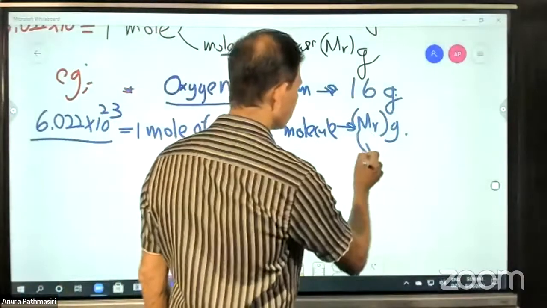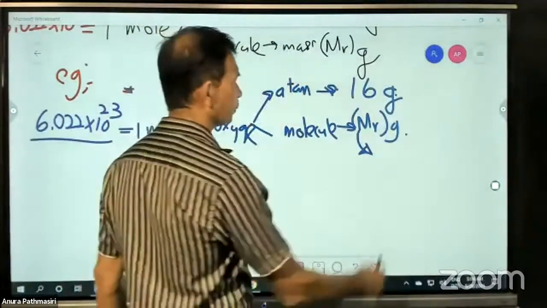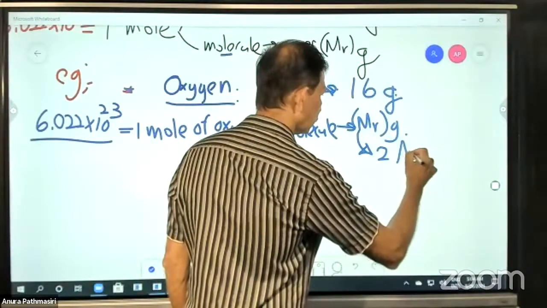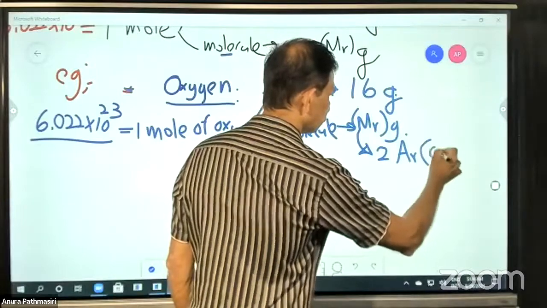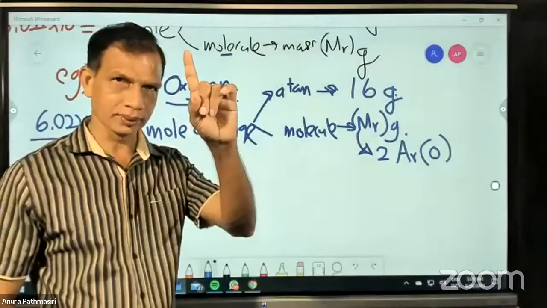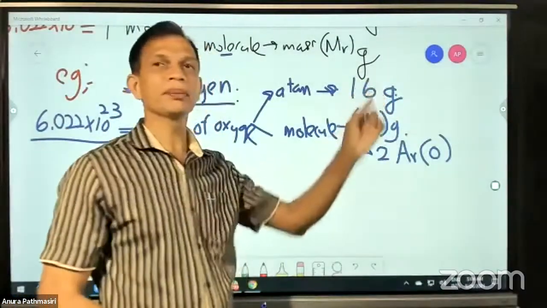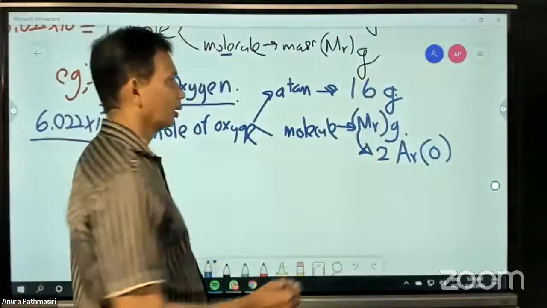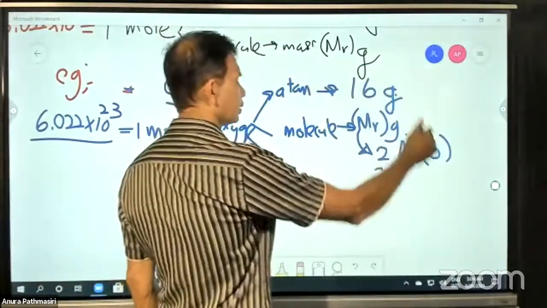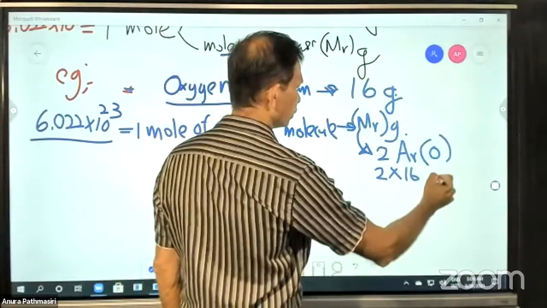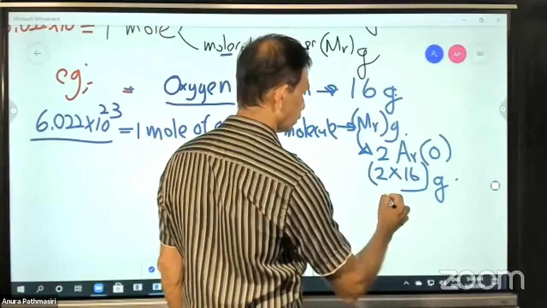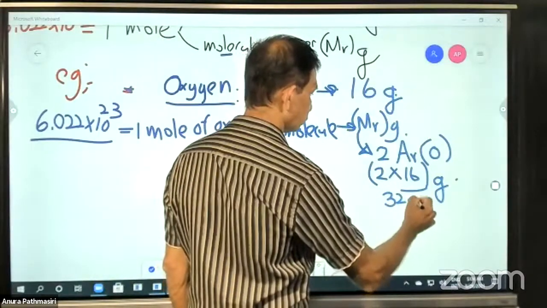It's equal to 2 AR of oxygen. AR means relative atomic mass. 2 times AR is 16. Then take it in gram. That's how you get 32 gram.